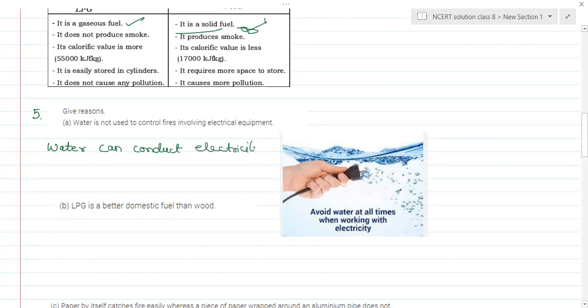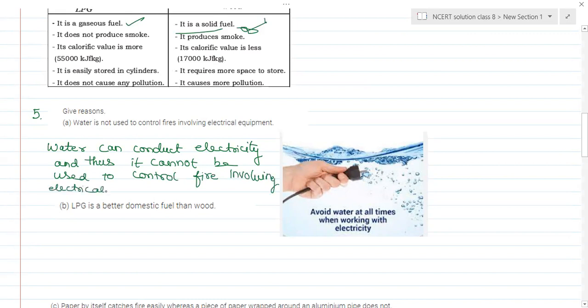Now, distilled water cannot conduct electricity, but general water that comes in our taps and that is used to extinguish fire can conduct electricity, and thus it cannot be used to control fire involving electrical equipments.